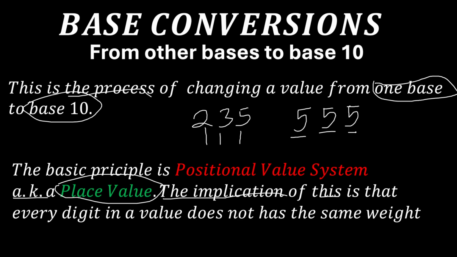So far, they are not on top of each other directly. So, what is the weight of this? What is the weight of this? What is the weight of this? What determines the weight of each of these digits is called place value.